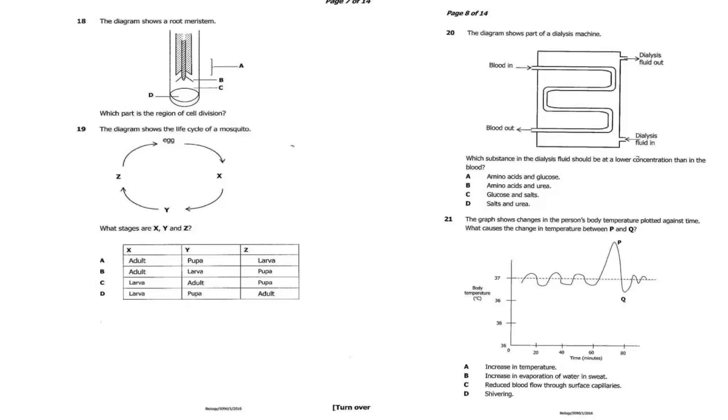Question 18, the diagram shows the root meristem. Which part is the region of cell division? Let me give an example of a root. This part is the root cap, which protects the root as it penetrates the soil. Immediately above it is where you find cell division. Going up, that is where you find elongation, and further up, specialization.